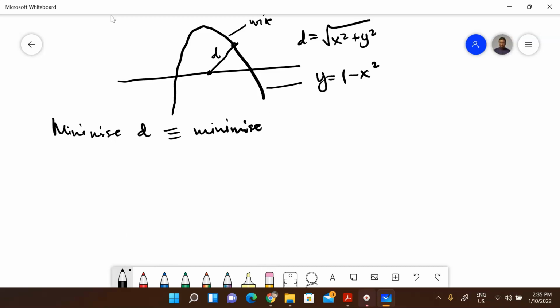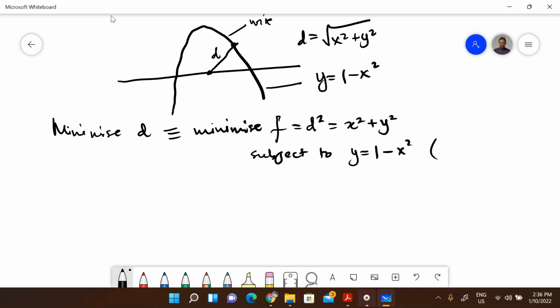And minimize f, which is now taken as d squared. So you get rid of the square root, and that is an equivalent problem. Okay. And this has to be subject to the constraint y equals 1 minus x squared. So this is the constraint. So essentially there will be three different methods.